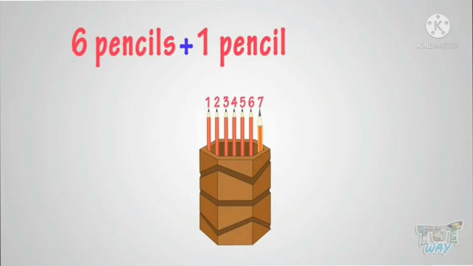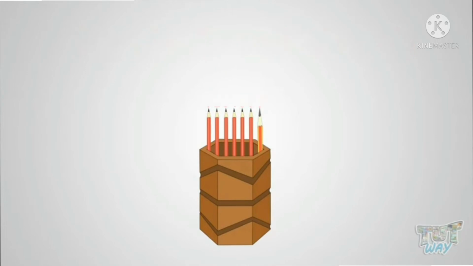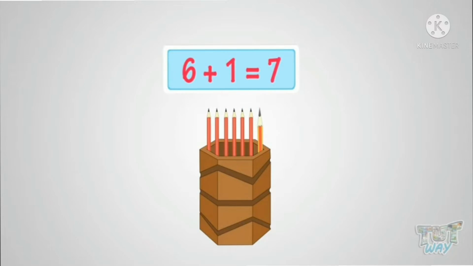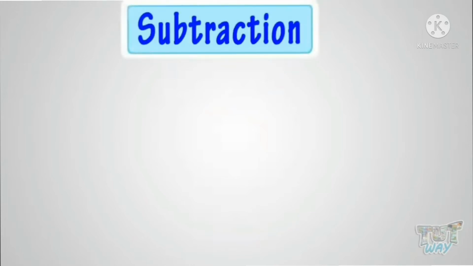So, there are 7 pencils in the stand now. That is, by adding 1 pencil to 6 pencils, we get 7 pencils. Very good. Now, we will learn what is subtraction.